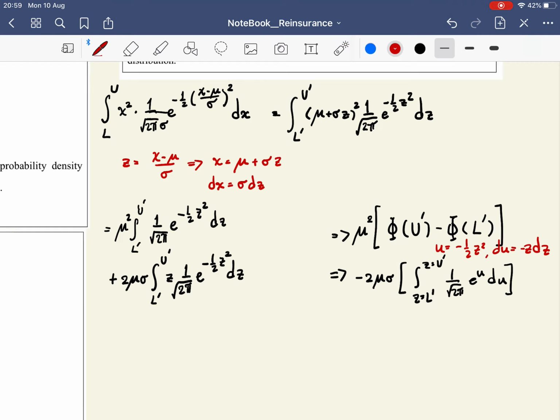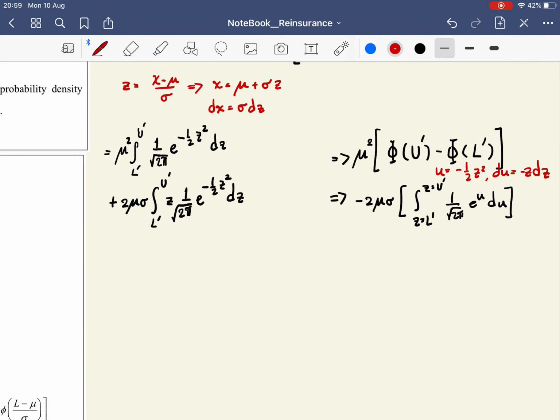what happens when we integrate this one? We just have e to the power of u again, right?